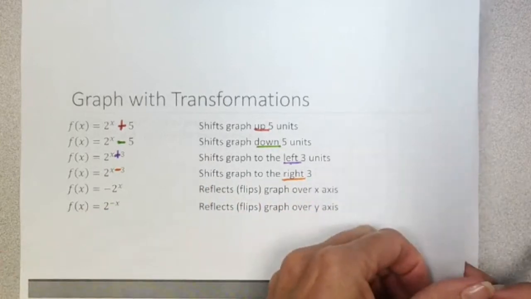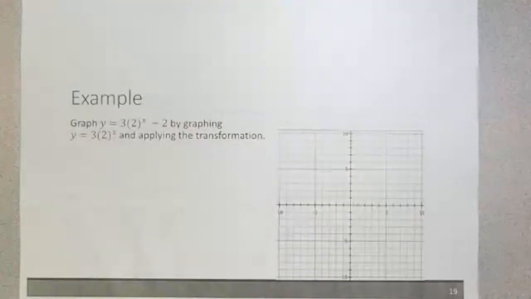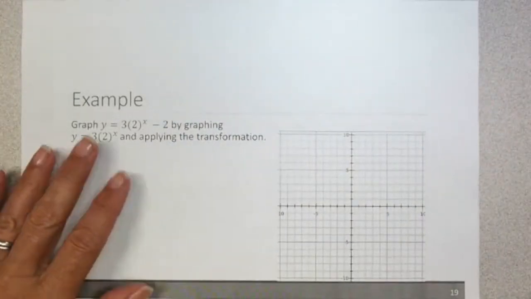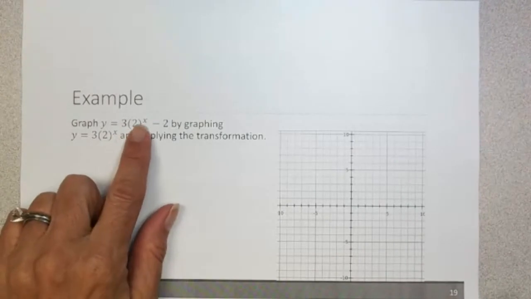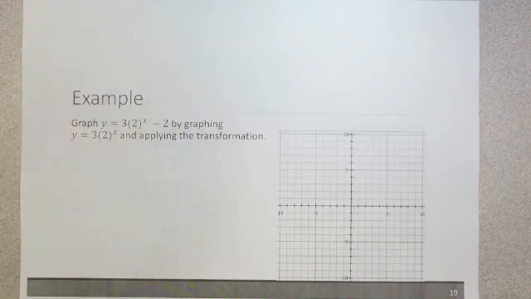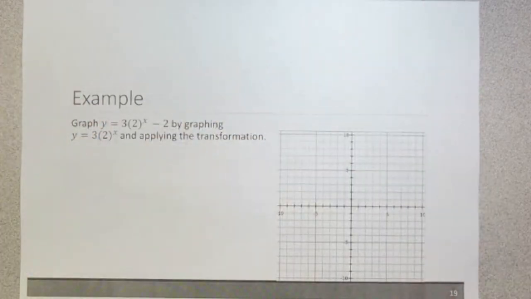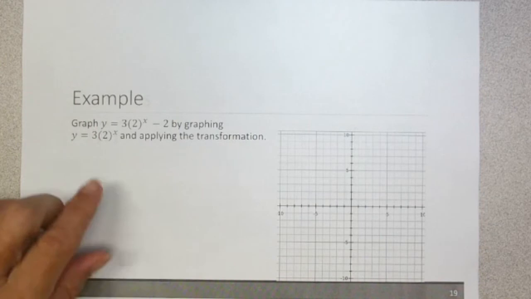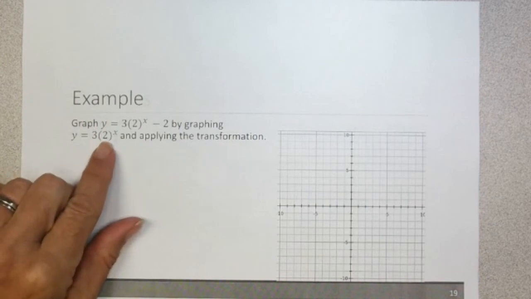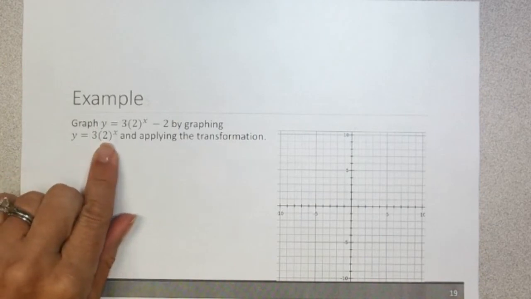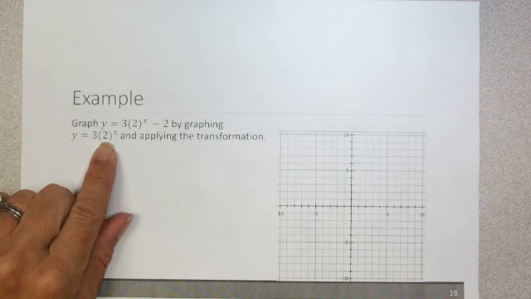All right, let's look at a few examples. Graphing with transformations. Say I wanted to graph y equals 3 times 2^x minus 2 by starting with the parent function y equals 3 times 2^x and then applying the transformation. Well, we already did graph y equals 3 times 2^x. We'll do it with the vertical intercept and one other point.